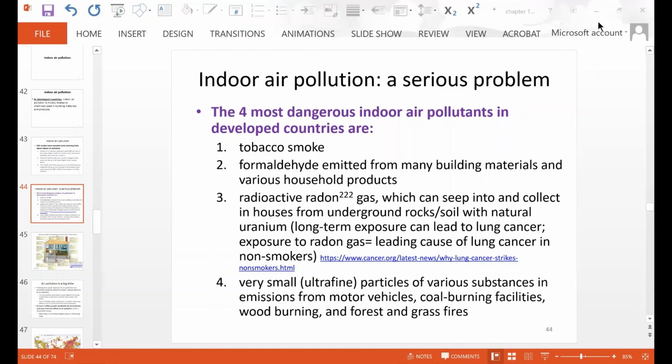Actually, exposure to radon gas is the leading cause of lung cancer in people who are non-smokers. And then the fourth is very small ultrafine particles of various substances in emissions from motor vehicles, coal burning facilities, wood burning, and forest and grass fires.